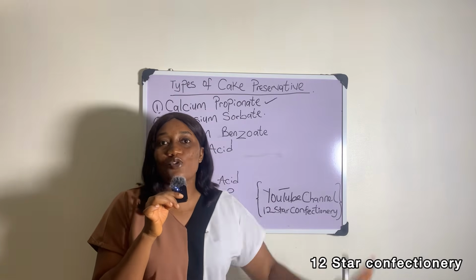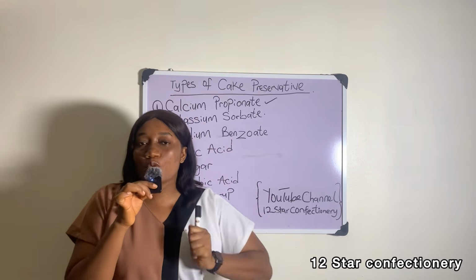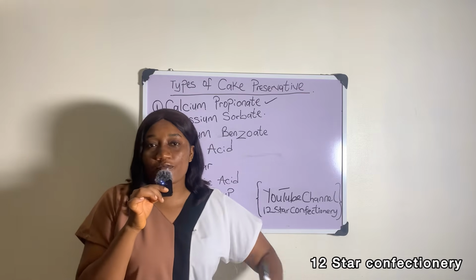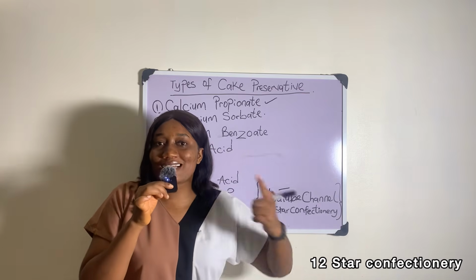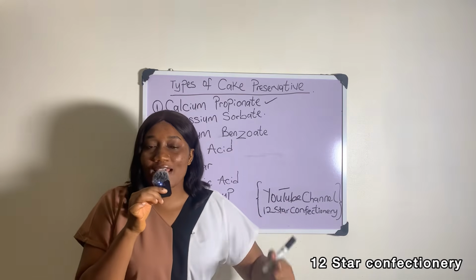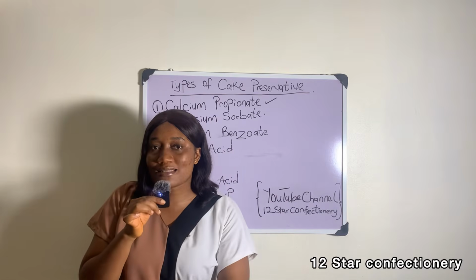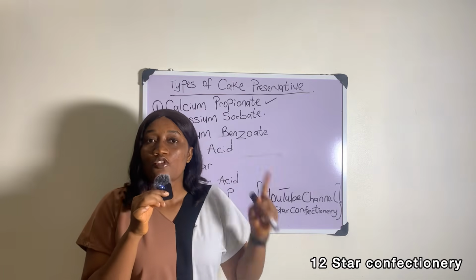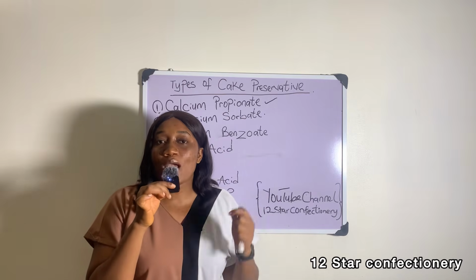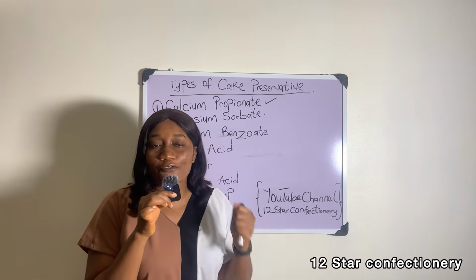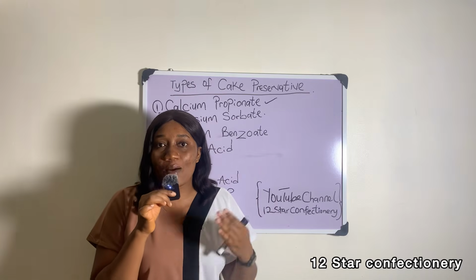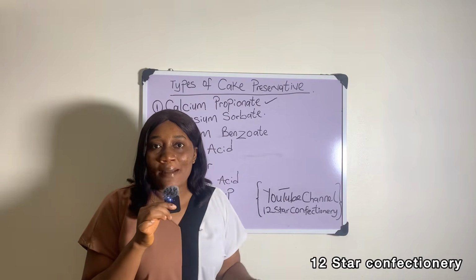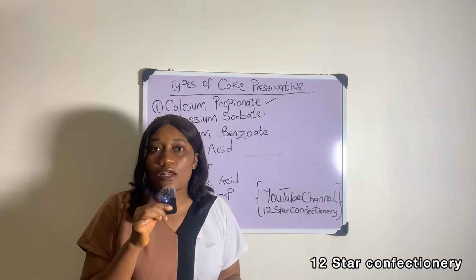Do you understand? So you need calcium propionate to prevent those bacteria, those microorganisms, those fungi and molds from increasing, thereby making your cakes and pastries go bad. Now some persons are asking, where are these bacteria coming from? Number one, the best place where bacteria and molds or fungi can come and destroy our cakes is the air. The air around you is mostly contaminated.